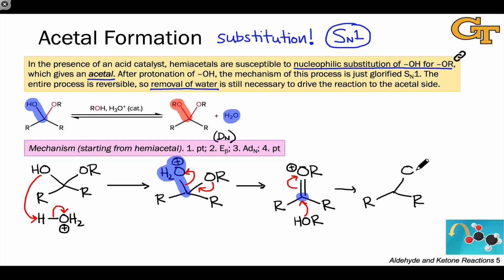And this gives an intermediate structure in which we've really established both carbon-oxygen bonds that we need to form. We now have two alkoxy groups linked to the former carbonyl carbon, but one of them is protonated. We generated water way back in the first proton transfer step, and to regenerate the catalyst and generate the neutral product, we must transfer a proton back to that water.